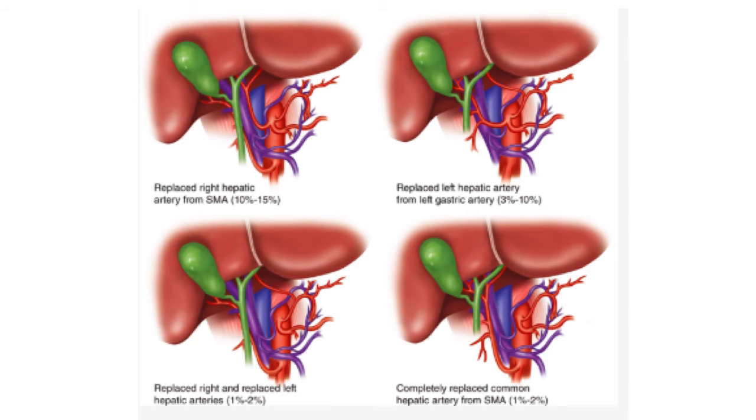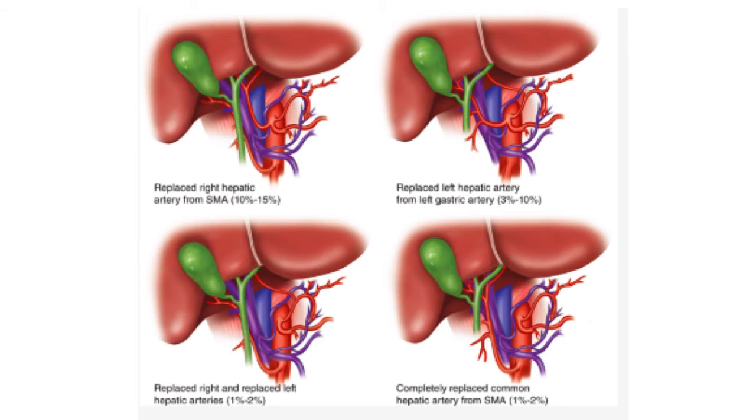But there is also quite a bit of variation when it comes to the blood supply. I thought this slide did a pretty good job showing the differences. So the replaced right hepatic artery from the SMA happens in about 10 to 15% of the time.